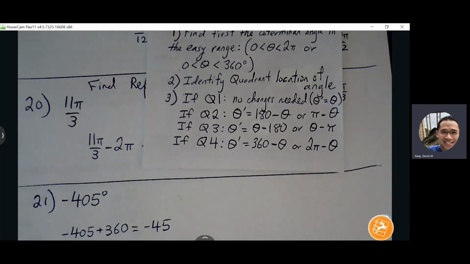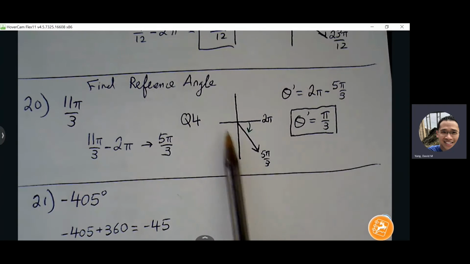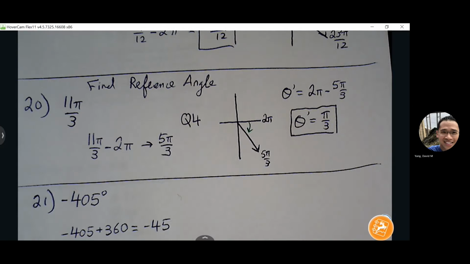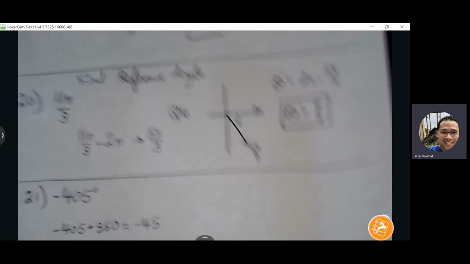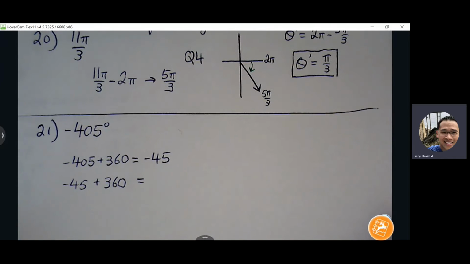Because 5/3 pi is too big, right? I have to be between 0 and pi over 2, and 5/3 pi is too big. So if something is living in the fourth quadrant, you have to make sure you subtract. Okay, last one here. Let me finish this here. -45 plus 360.